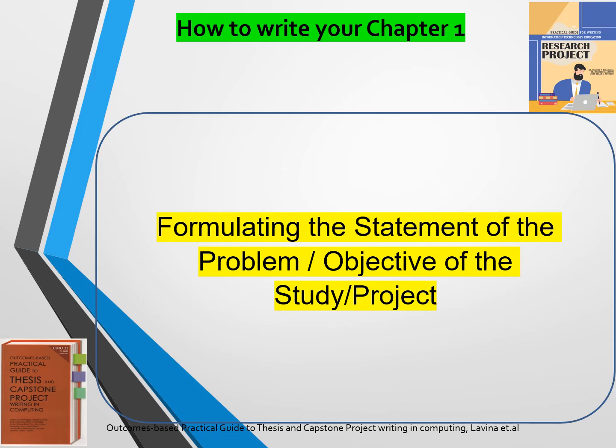Number 4, the number of the specific questions should be enough to cover the whole problem or case under study. And number 5, generally, there should be a general statement of the problem and then broken up into as many specific questions as necessary.